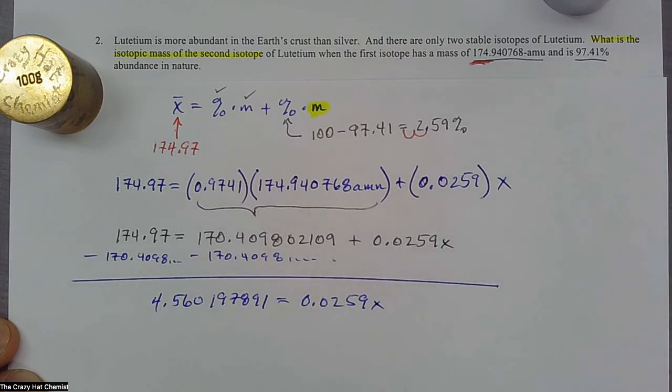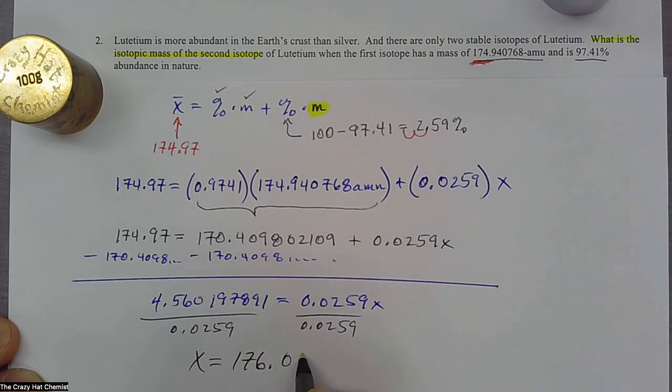Now, solving this mathematically, we're going to divide by 0.0259 on both sides. Now we get x is equal to 176.069416641.